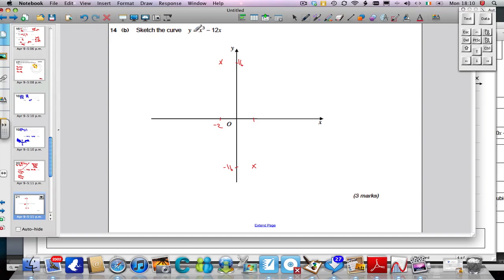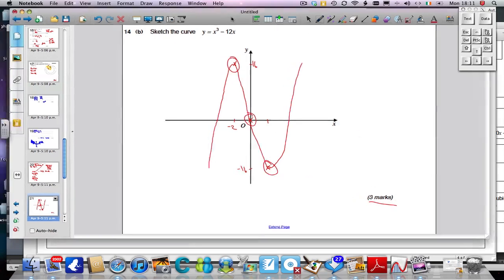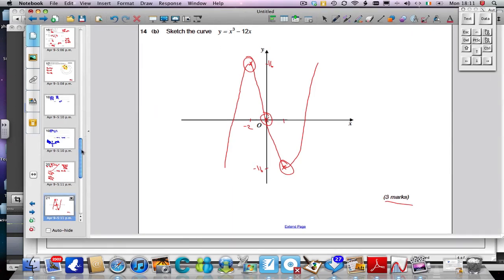When x is 0, y is also 0, so substituting it in, we get one there. So I know my curve is going to come down like this, and it's a cubic, which means it's going to take this shape here. And there are your 3 marks, 1, 2, 3 marks for those 3 points of interest.